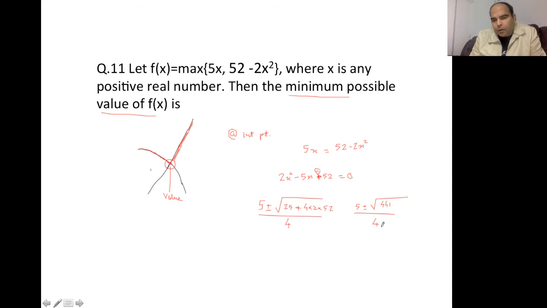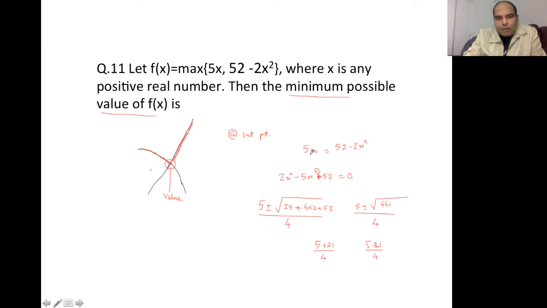The square root of 441 is 21, and so you have two roots: one is 5 plus 21 divided by 4, or 5 minus 21 divided by 4. Now 5 plus 21 divided by 4 will end up becoming a positive value, and 5 minus 21 divided by 4 will end up becoming a negative value.